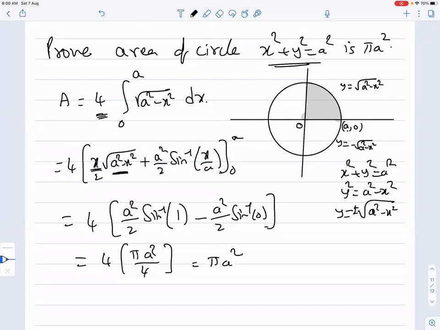But in speed, sometimes the integration takes longer. Once they get the integration and substitute the limits, they forget that they have to multiply with 4, or sometimes 2, because the above area you found and below area you have to multiply with 2. They forget that multiplication and that option will be waiting for you. Okay, standard mistake most of the times.